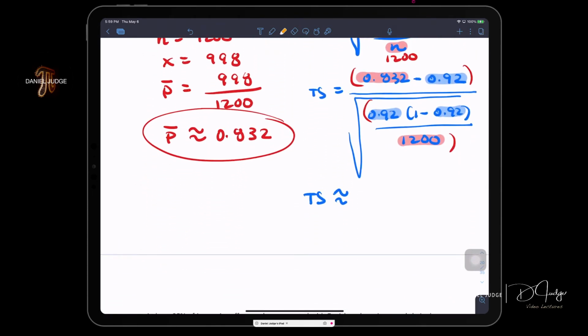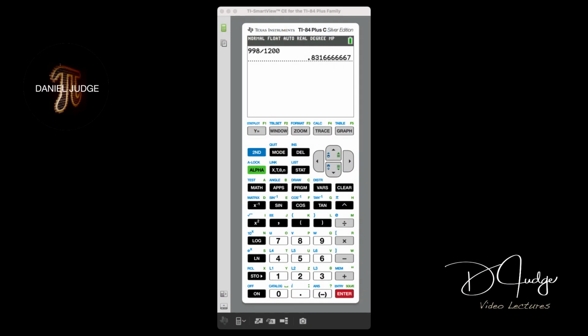So we're going to put this in the calculator. I'm going to put that in the TI. 0.832 minus 0.92. That was 92%. Close that. Divide by square root open 0.92 times, put another parentheses, 1 minus 0.92. Yes, you can put 8%. Divided by 1200.